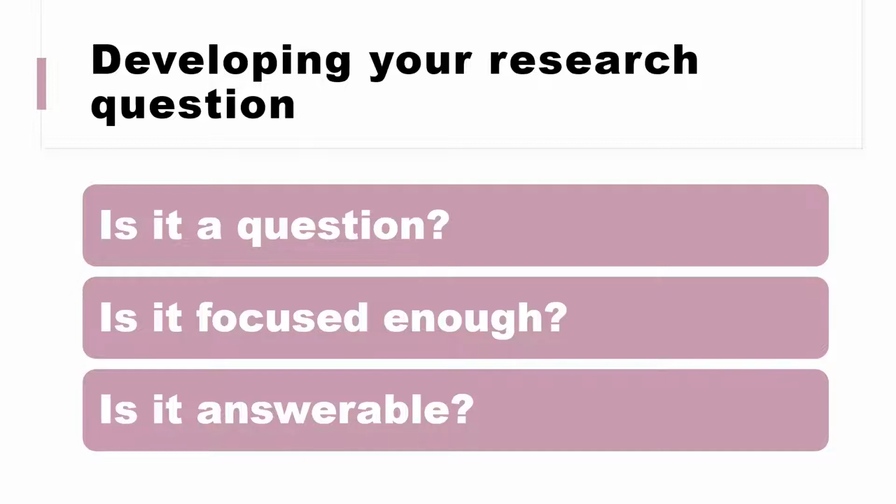But if you're doing a systematic review, the traditional systematic review, then your research question needs to be focused and it needs to be answerable. So we're going to have an example to draw that out a little bit.